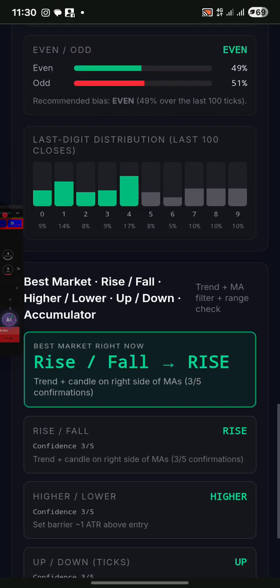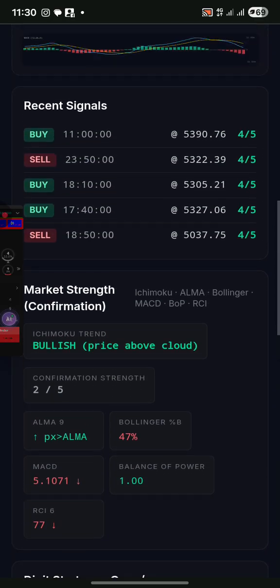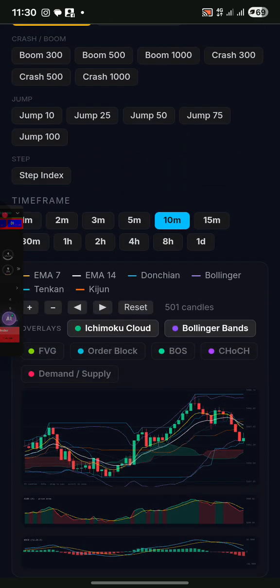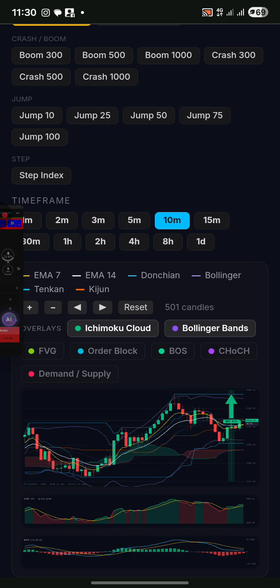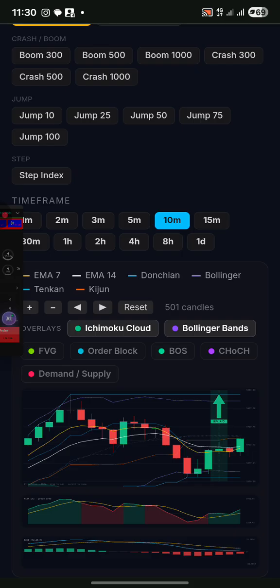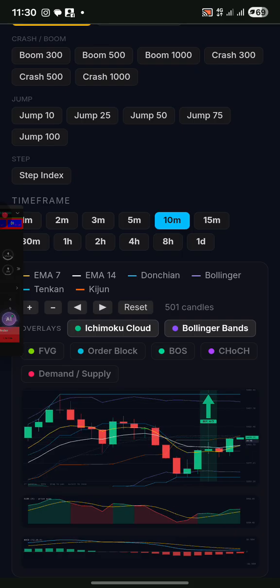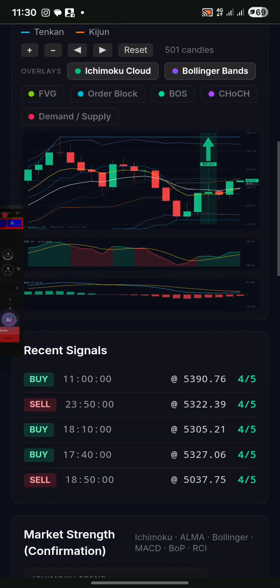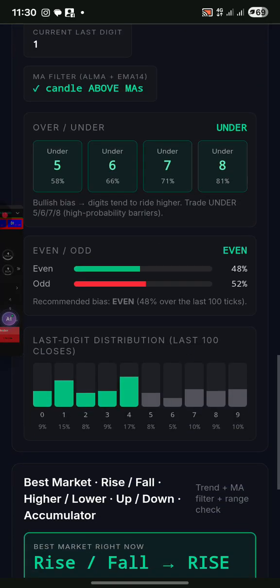You can see it's in the over market, of course, because the candle forming is a bullish market, and I said I need to trade under market.